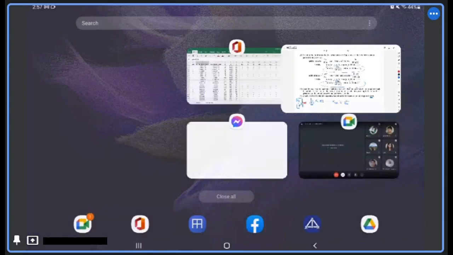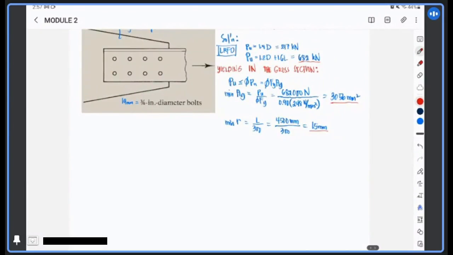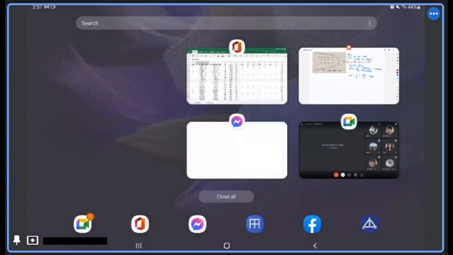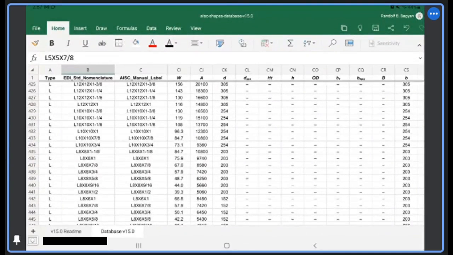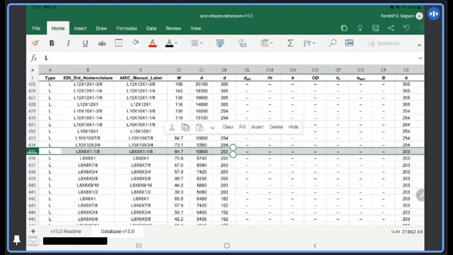So let's go to 3,056 and 15. The area is along column CJ in our worksheet, and we have to look for unequal angles.